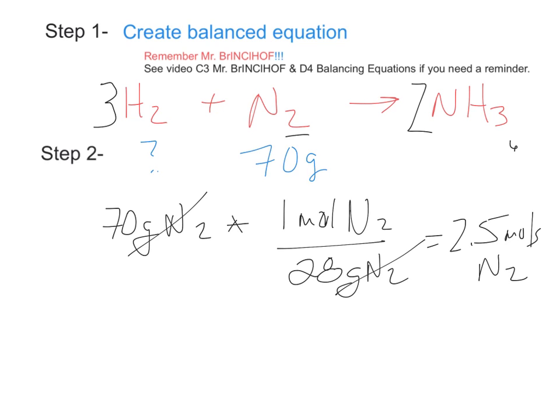Now, we're supposed to figure out how much of my hydrogen gas I'm going to need. So we're going to go to the next page here, but we do have to remember what our chemical equation looks like, and this is 3 hydrogens to every 1 nitrogen that I go through.